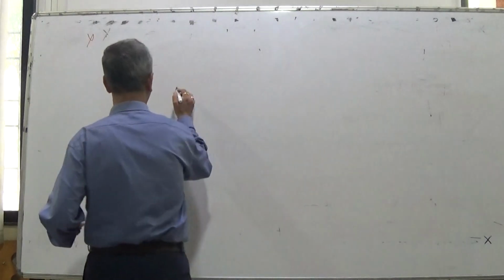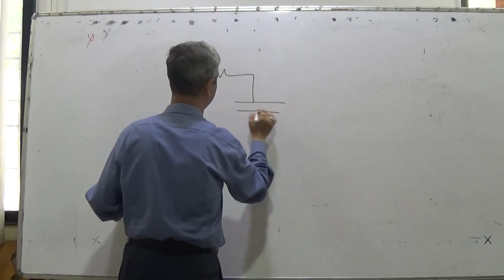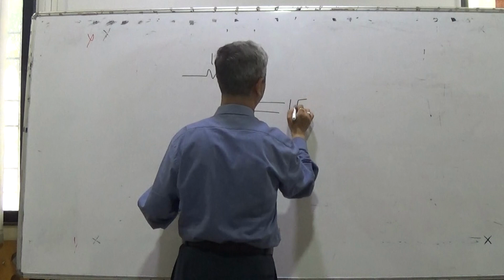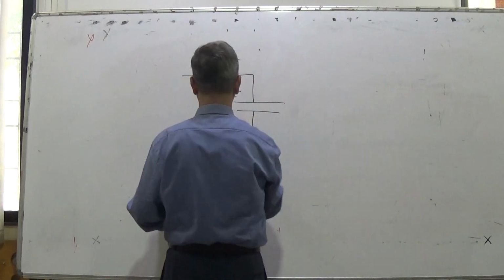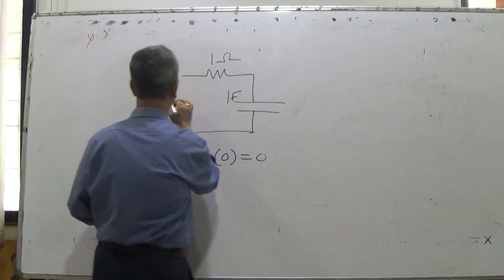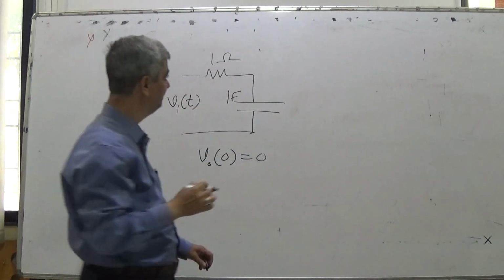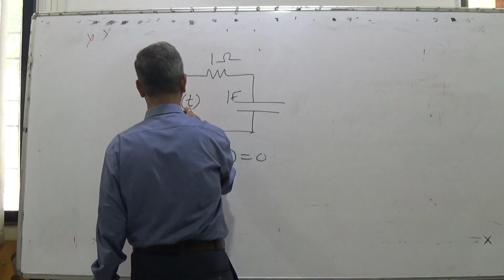So same thing we work with, 1 ohm, 1 farad, and VO(0) equal to 0. VO(0) is 0, and I apply Vin(t). How I apply should not be a question now.